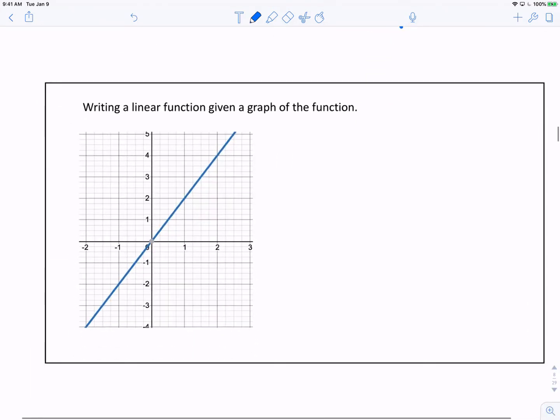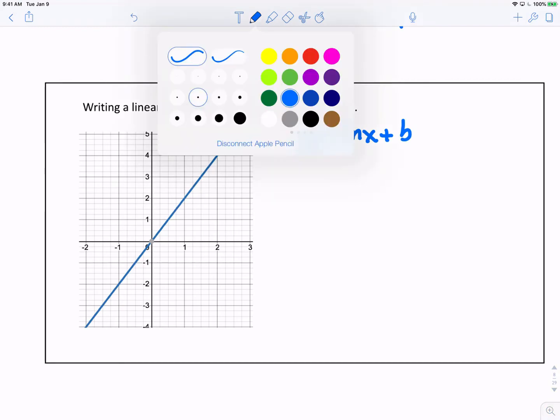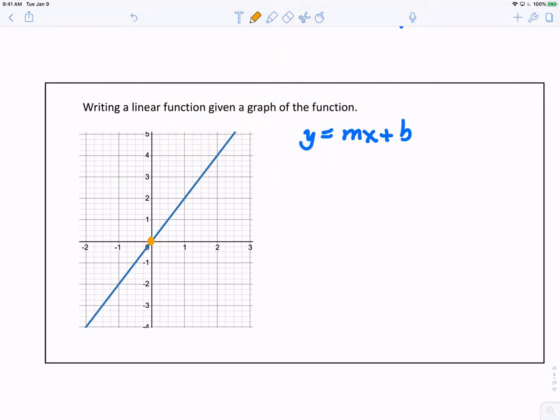Here, let's do another example. Again, it's easiest, I think, to just think of y equals mx plus b and use the picture. So first we'll find the y-intercept, so here it is. And now we'll find 2 points on the line. Here's another point that's on the line. I'll think of the step.